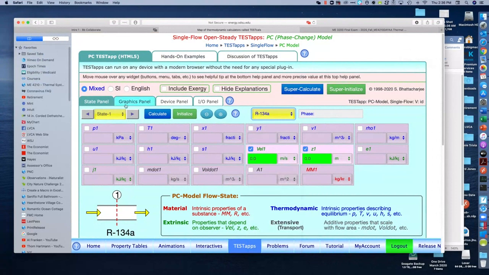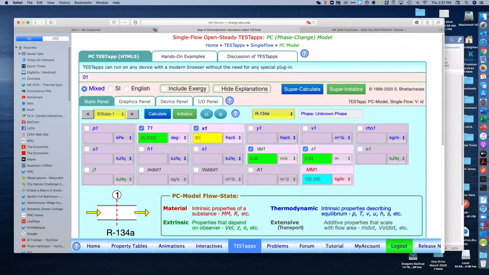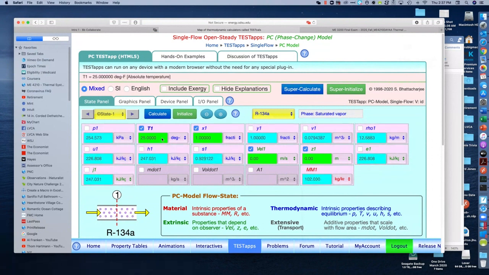I now can generate state 1. What we know about state 1 is that the temperature as given in the problem was 25 degrees Fahrenheit, and it also had a quality equal to 1. Under that scenario, we see that the pressure is 254.